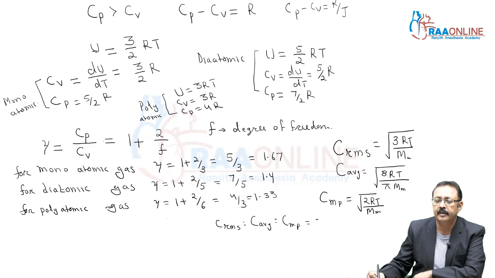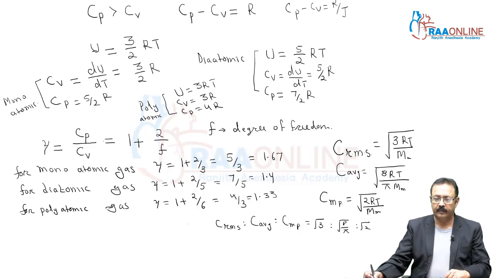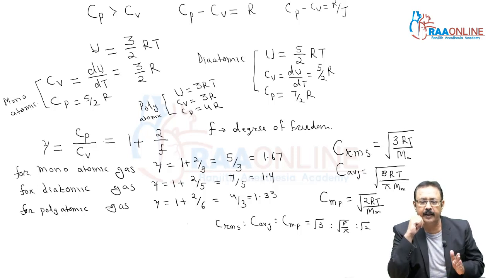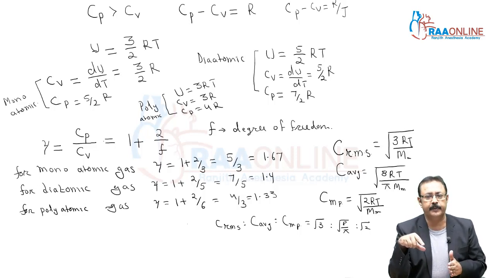So remaining is root 3, root 8 by pi, and root 2. Root 3, root of 8 by pi, which is 2 point something, and root 2. Means RMS speed is greater than average speed, and average speed is greater than most probable speed. So the least one is most probable speed and the greatest is RMS speed.